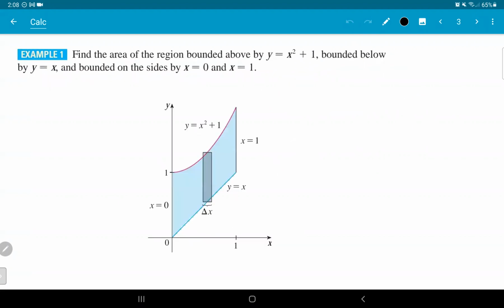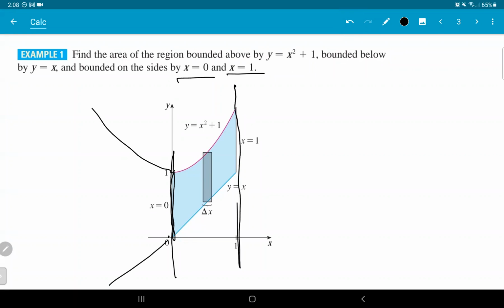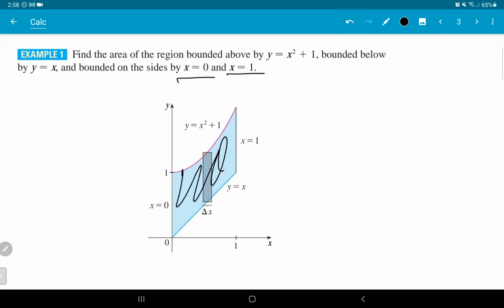So there we have it, just that region from 0 to 1. Although this should extend here, we are only interested from x equals 0, this vertical line, up to the vertical line x equals 1. So we're looking for this shaded region here.